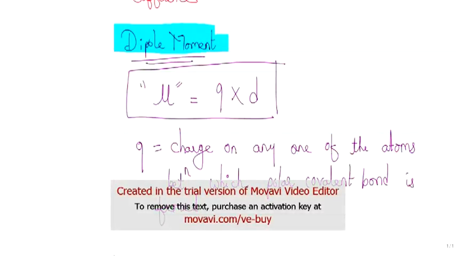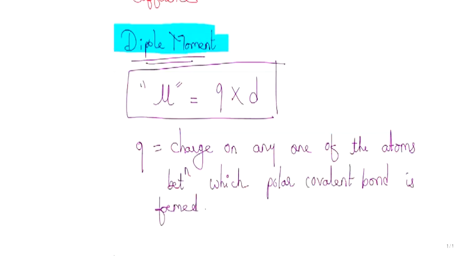This Q, which is a charge on any one of the atoms between which the polar covalent bond gets formed, is measured in ESU.